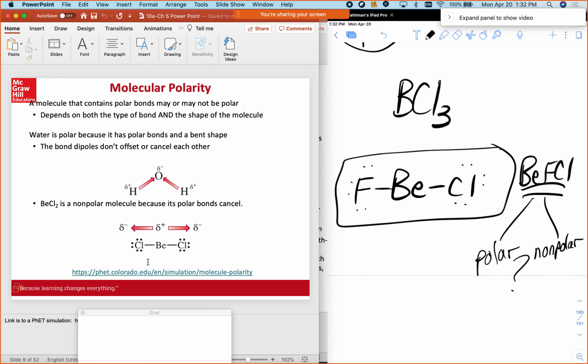If this was nonpolar, the arrows would cancel. If I draw the dipoles for this molecule, that one's got maybe an arrow that long because fluorine is pretty electronegative. Chlorine is not as electronegative, so maybe I'll draw it like that. Do those arrows cancel each other now?